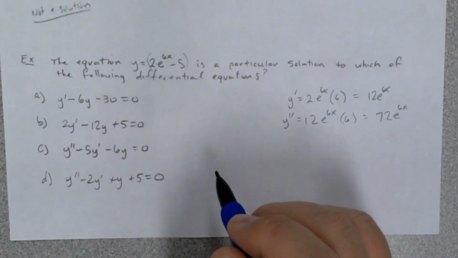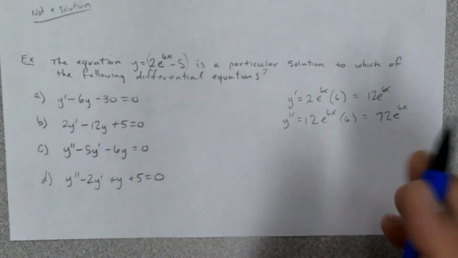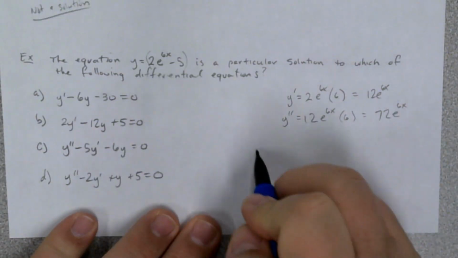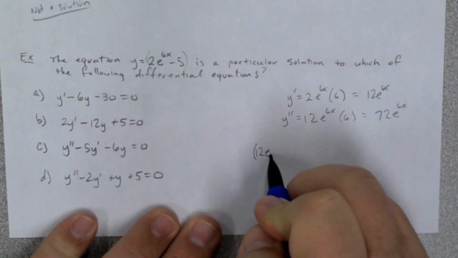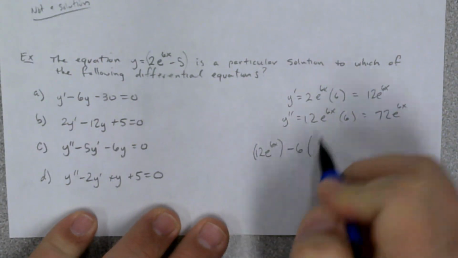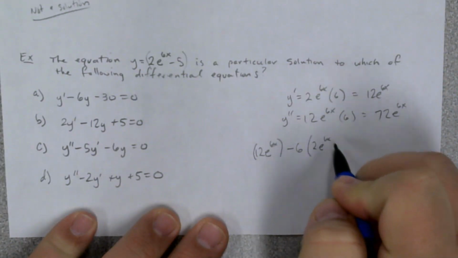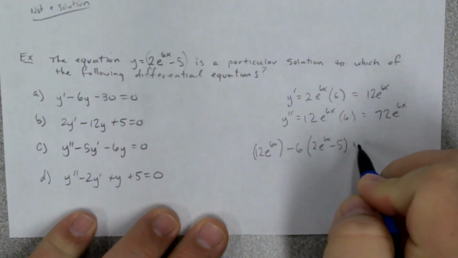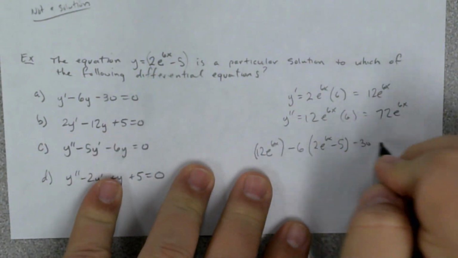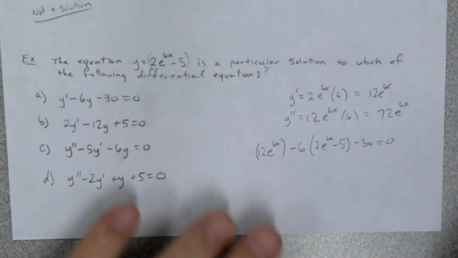Okay? So I'm just going to start with the top one here. We might as well start with A. Plug this in. So I'm going to have a 12 e to the 6x minus 6 times 2 e to the 6x minus 5 minus 30. So is this a true statement?